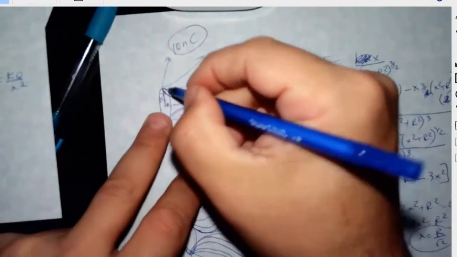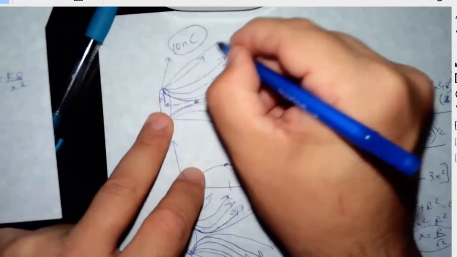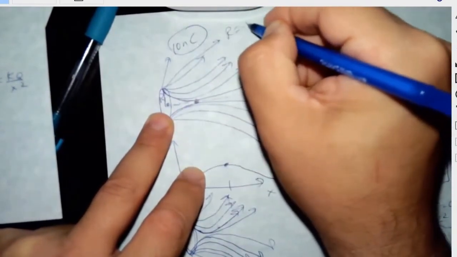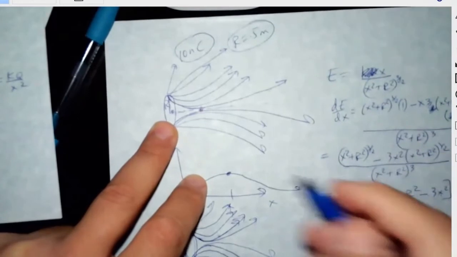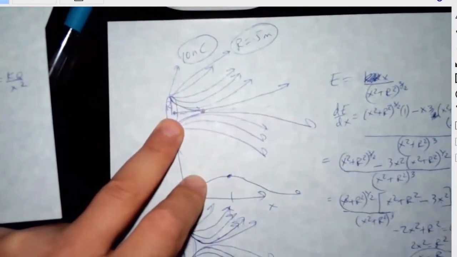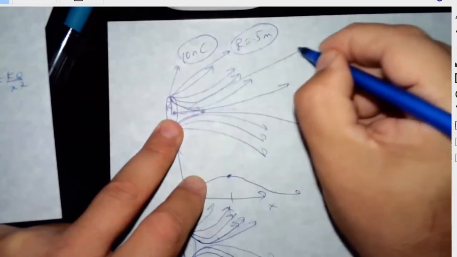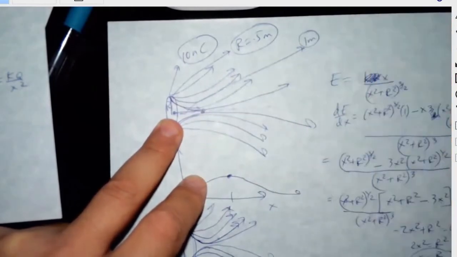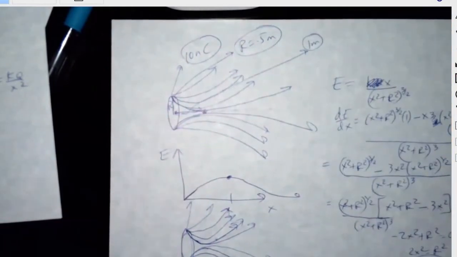And let's say the radius was the same as the radius of the other semicircle, 0.5 meters. Okay, what would be the electrical field 1 meter away?